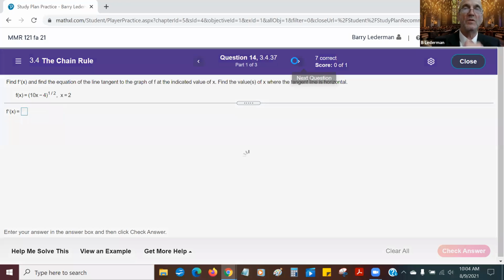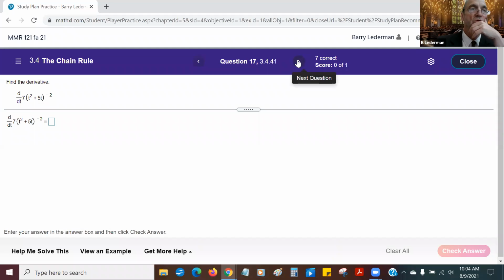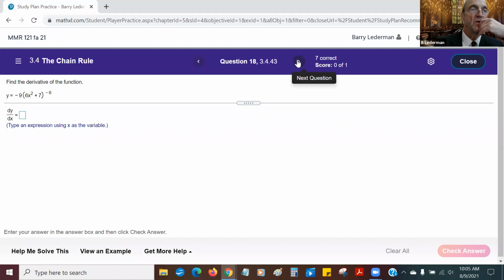And now, I want to find one where it's, let's see. I'm trying to find one where it's, these are all straight chain rules. I want to find one where it's a triple.